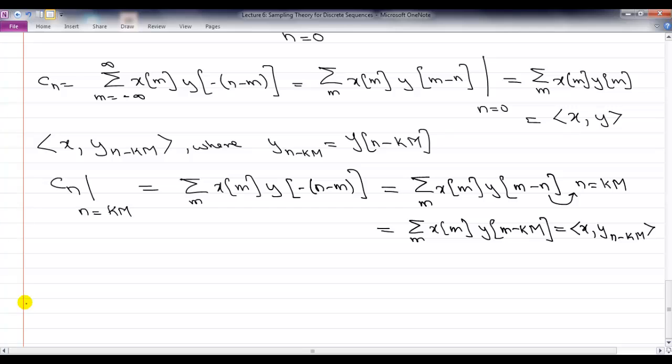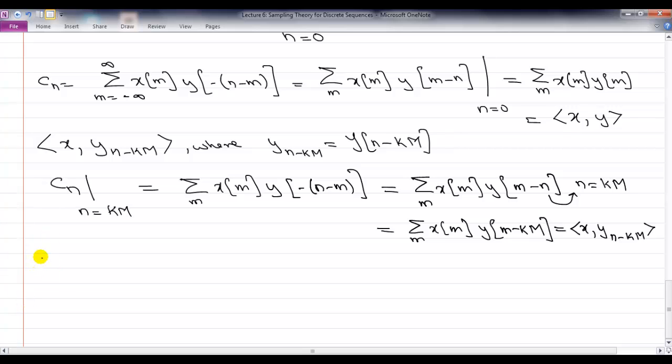The point is that every inner product between one function which is fixed and the other function which is a time shifted version of the original function can be simply computed by filtering that function with the time reversed version and sampling it at some time.